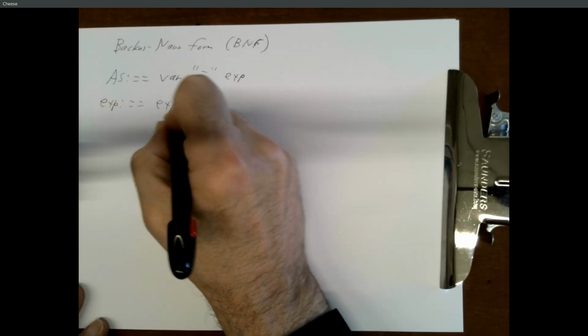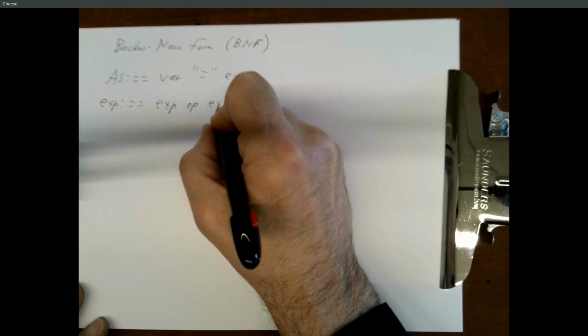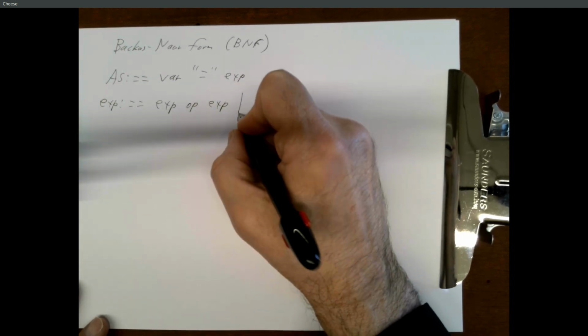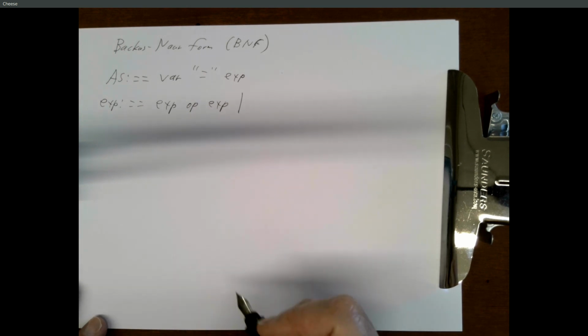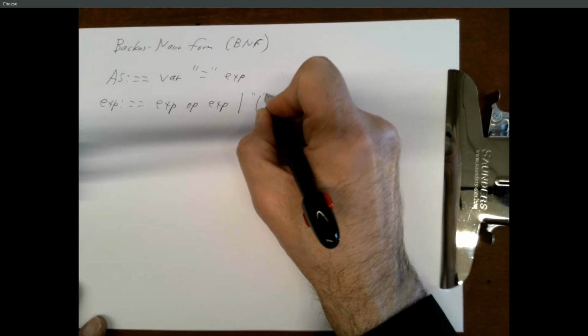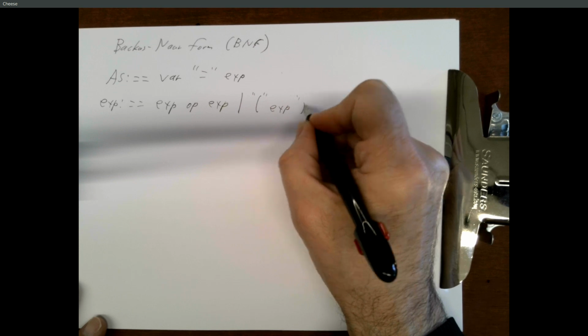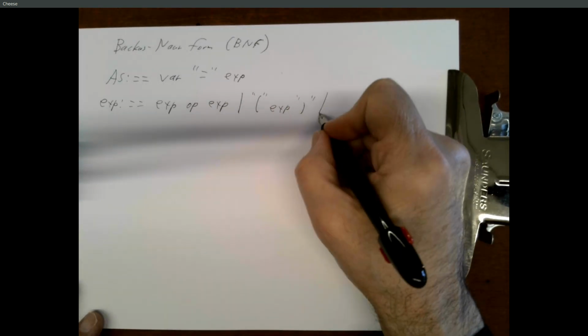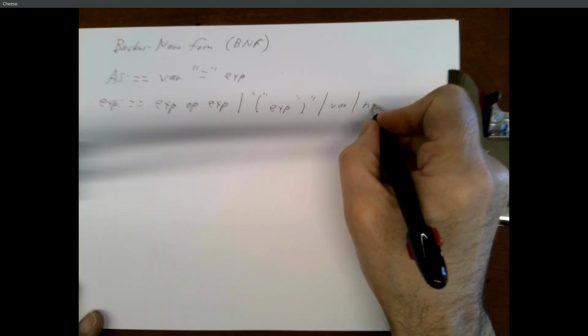An expression I'm going to define as either an expression followed by an operation followed by an expression, or, and the vertical pipe is an or, a parenthesis followed by an expression followed by a closed parenthesis, or a variable or a number.